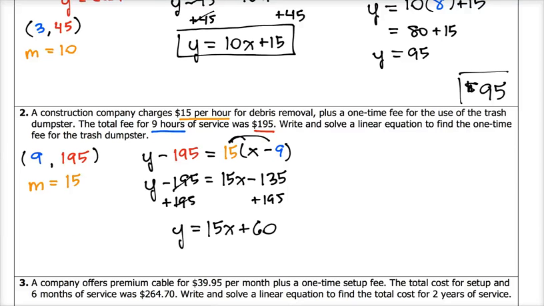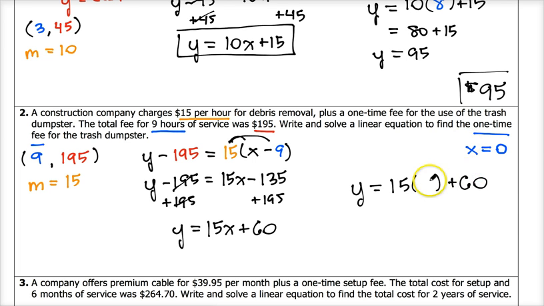Okay, so if we're just trying to find the one-time fee, we're assuming that our x value, the number of hours, is 0. Okay, so we're not worried about how many hours we've used this for. We're just trying to find how much it costs without accounting for time. So we're going to plug in a 0 here for x, and that's going to tell us what the one-time fee is.